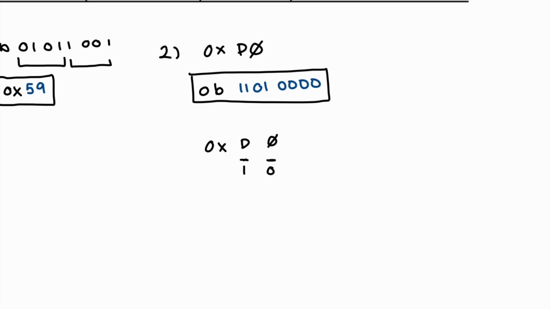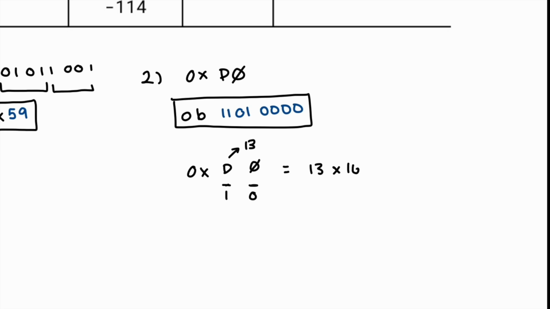So this D, which is equal to 13 in the decimal system, would become 13 times 16 to the 1 plus 0 times 16 to the 0. We're getting these numbers from the places over here.